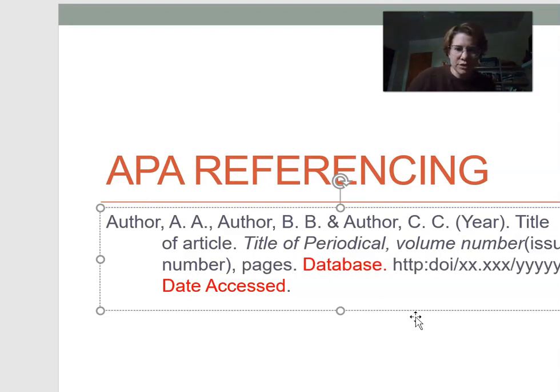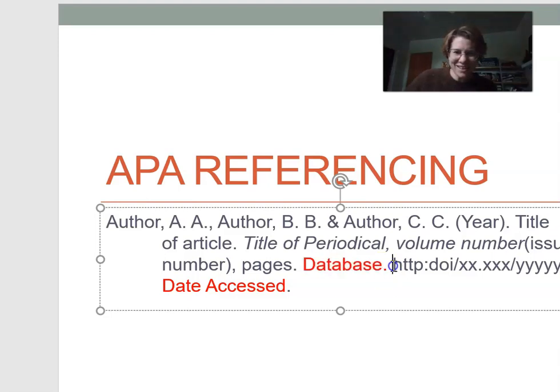I'm asking you to include the database name just because I want to know that you can use the database system through the U of R or SAS Polytechnic. But some professors won't ask you to include this information. It's not always mandatory, but for this assignment, I'd like you to include it, please.